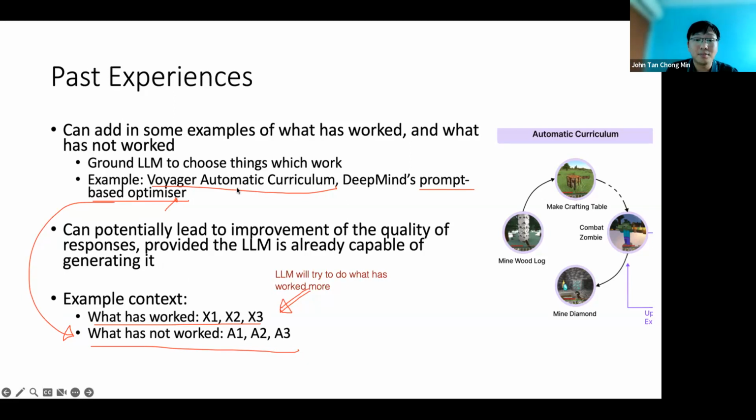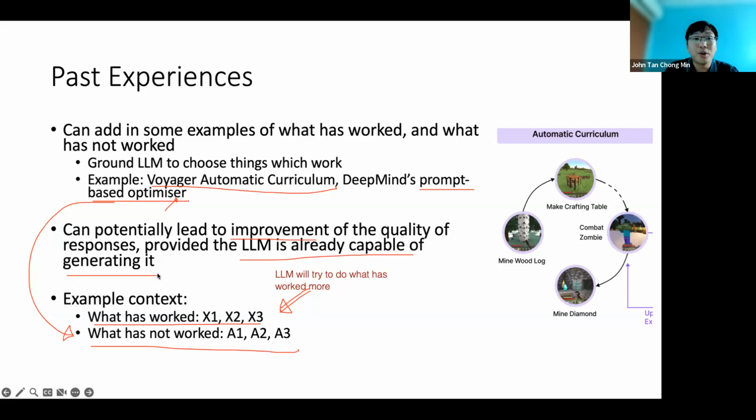But there's a caveat here. It can only improve the model if the LLM can generate it. If the LLM cannot think of that kind of response, there's almost no way your past experience can ground it to make it better. If your large language model cannot do differentiation, I can tell you what has not worked is differentiation, what has worked is maybe addition.